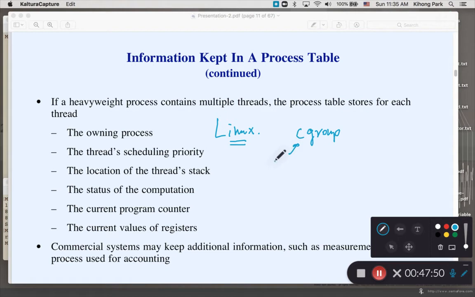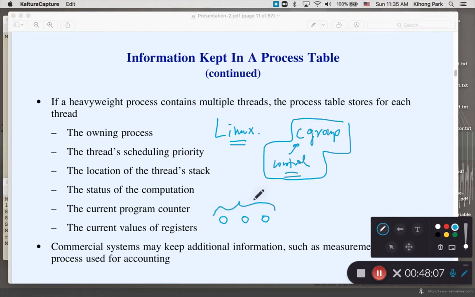C means control group. So what is a C group? A C group is another abstraction beyond what we are discussing here in the slides, where a bunch of processes are grouped. They are forming a group called a control group. For what purpose?